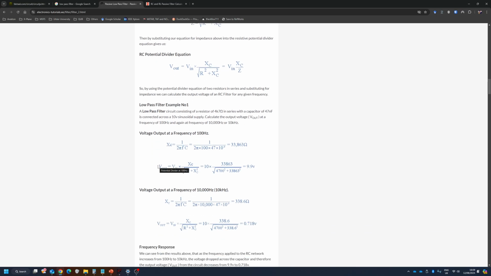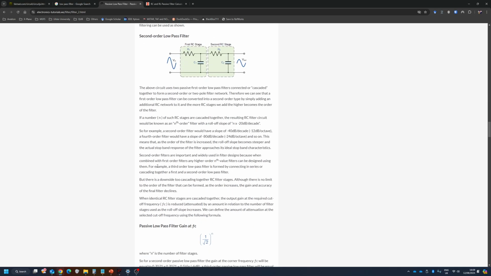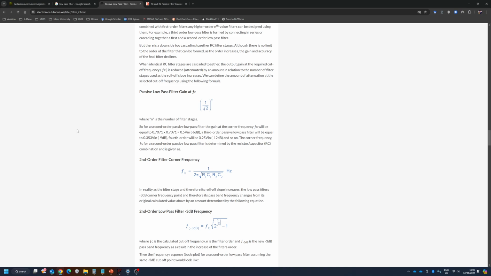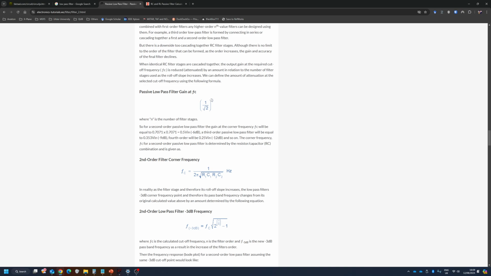I would have explained this to you in the lecture, so don't worry. Our filter is a first order filter, therefore our voltage output will be Vo equals Vin, which in this case is 1, times 1 over square root of 2. It's about 0.707.